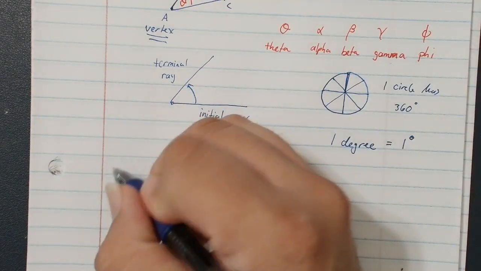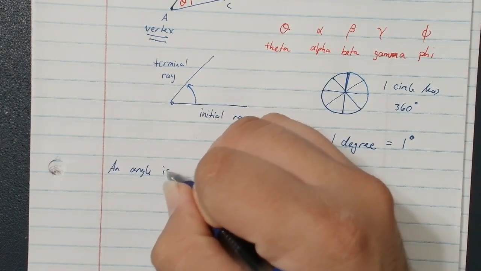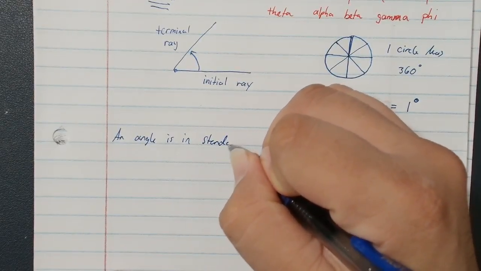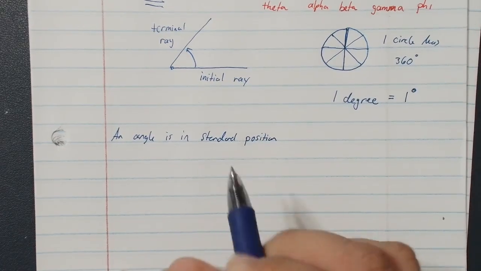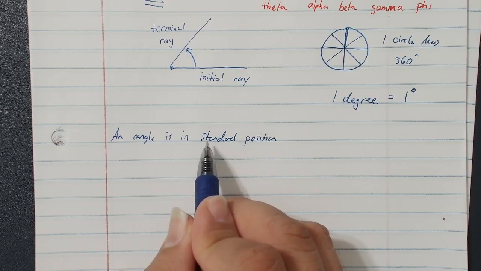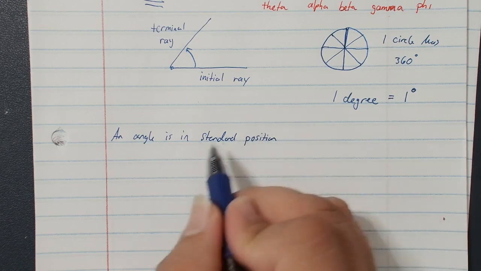All right, so what does that mean? An angle is said to be in standard position, and of course not every angle that we see has to be this way, but if it's up to us, we will almost always work with things in standard position.